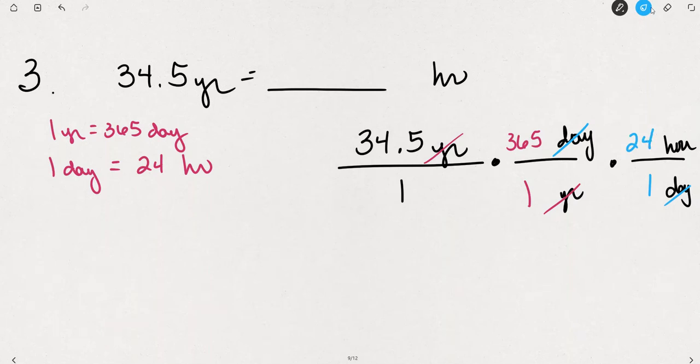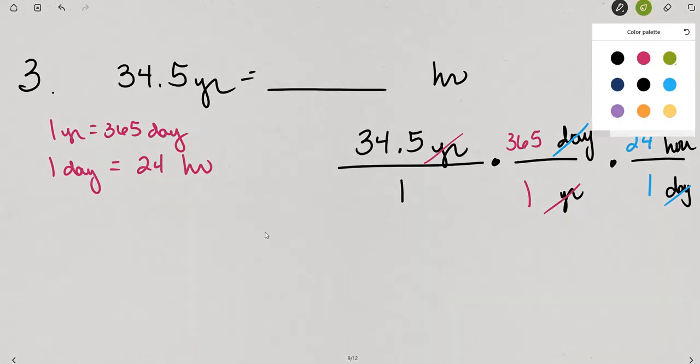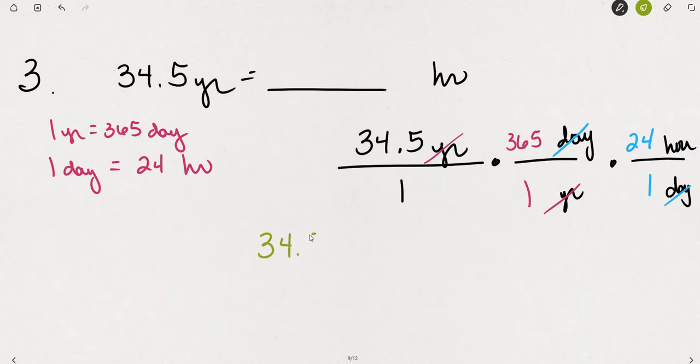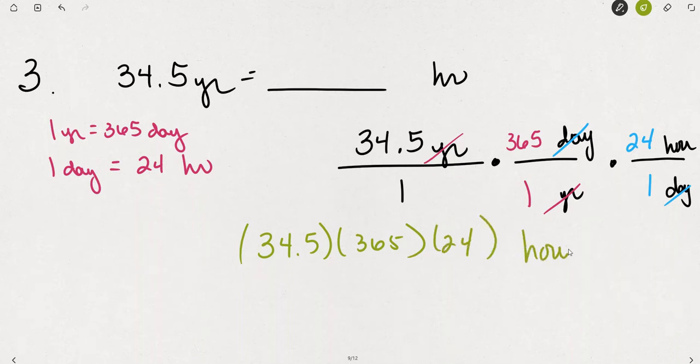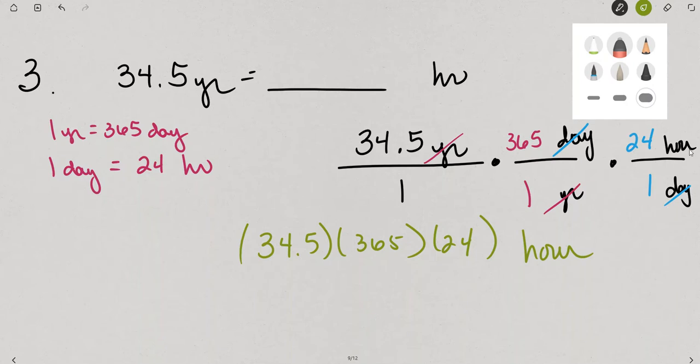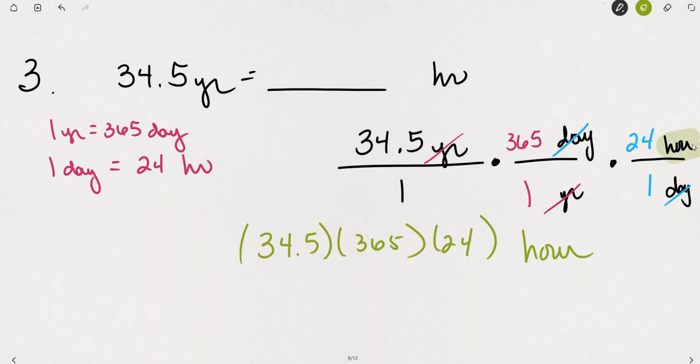So it looks like for this example, what I've left to do is multiply 34.5 times 365 times 24, and I will be left with hours because everything else is divided out. The years divided out the years, the days divided out the days, and I'm left with hours.